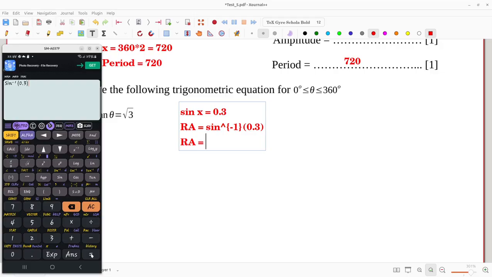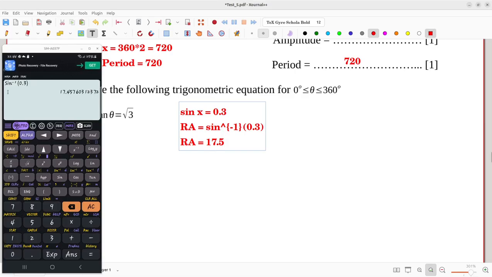Equals 17.457, which is 17.5. This is 17.5. Now, how do you find the angles from 0 to 360?